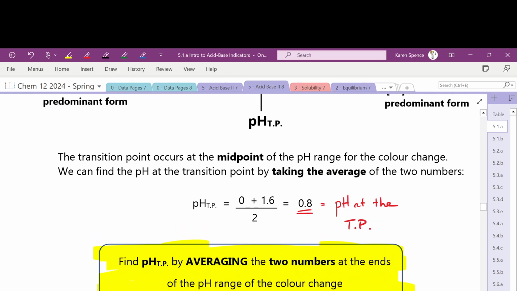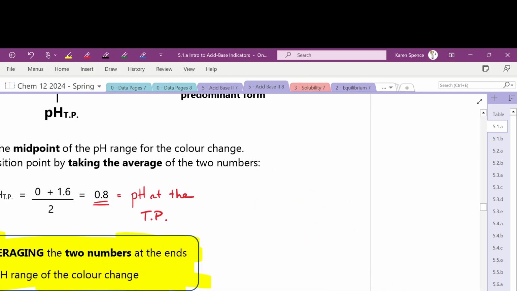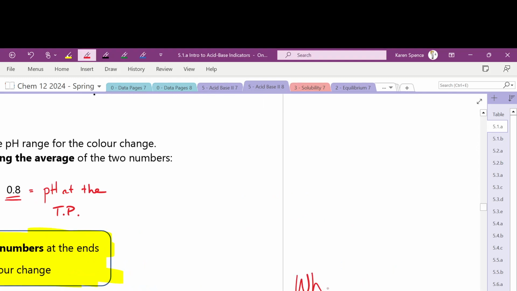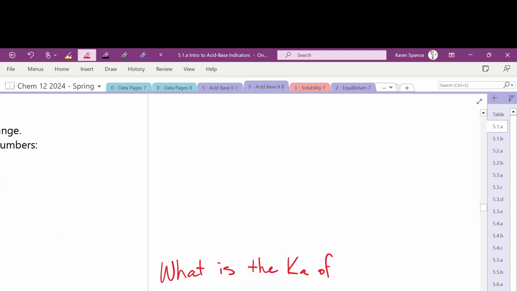Now, everything is written out for you here, so I'm actually going to bop on over to the side. What is the Ka of methyl violet?